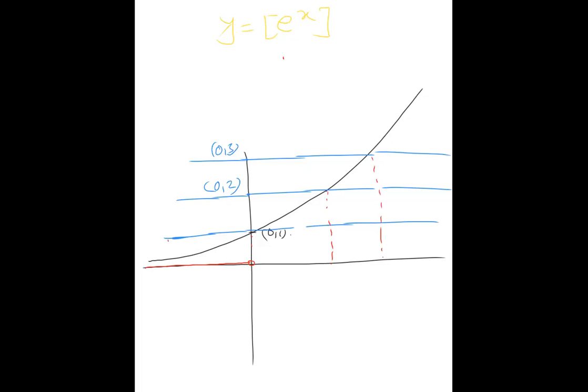So if e to the power x is 2, x is equal to log 2 with base e. Again, this will be 3, then log 3 with base e. So when x lies between 0 to log 2, the value will be 1 only. When log 2 to log 3, this is 2 only, and so on.